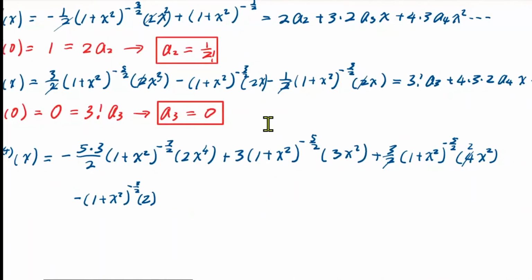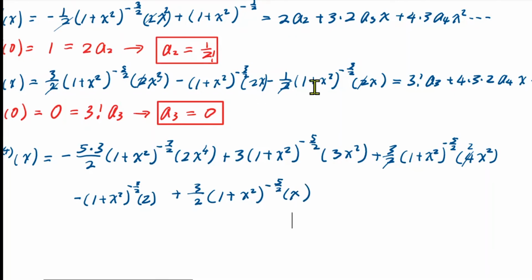Wait, I just lost track of what I just did. Which one did I differentiate again? It's this one, right? Second part of this u v prime is that one. And then now we have to do that one. So we have plus 3 over 2, 1 plus x squared to the negative 5 over 2 times x.